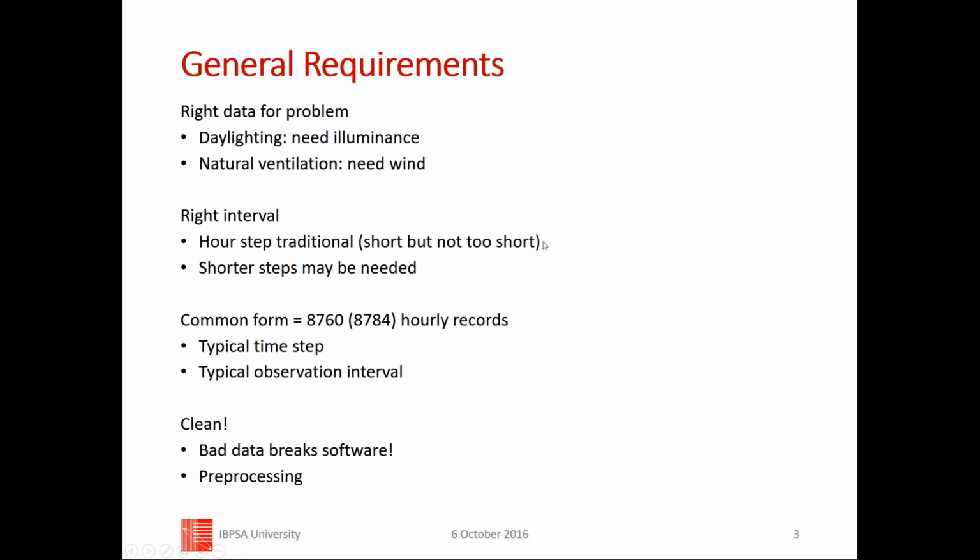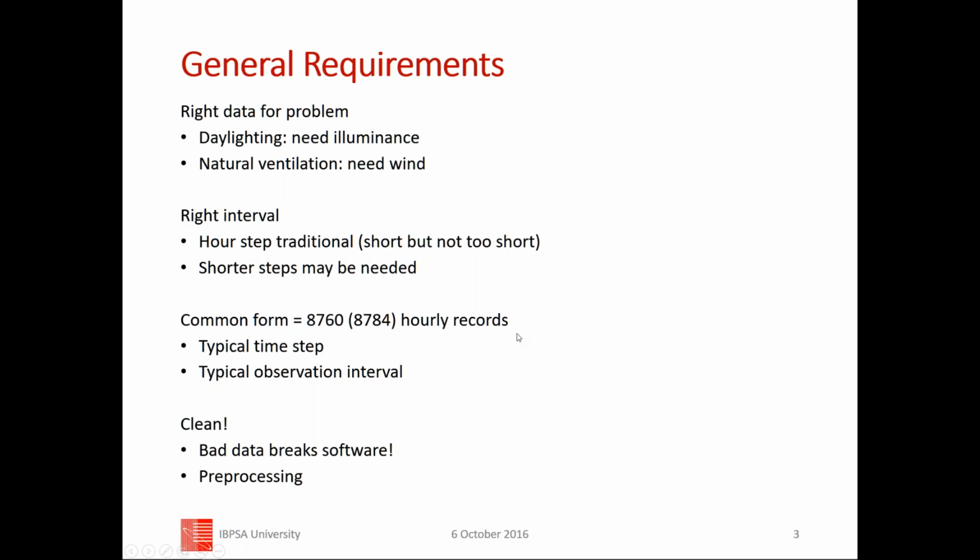That time step came about naturally because it's a very natural interval to simulate building operations. But as we get more and more detailed simulation methods, and we're not limited by computer power as much as we were, shorter steps may be needed. I'll talk about that a little later on.